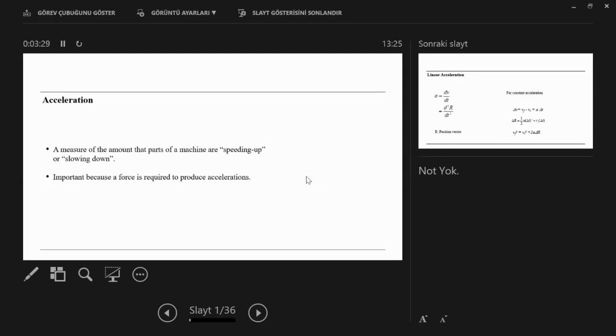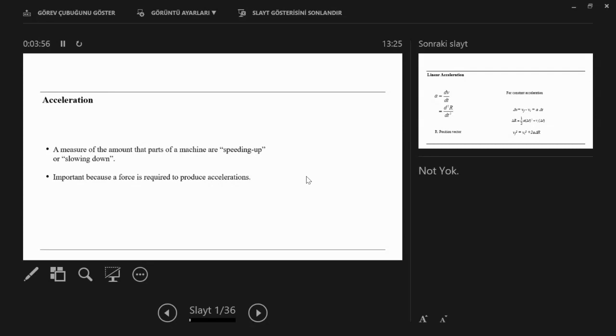If machines start to work, the speed starts from 0 and comes to the nominal value. That means speed is changing. And if you stop the machine, the speed is also changing from nominal speed down to 0. Since the speed is changing with time, we have acceleration. We learned this already in dynamics.